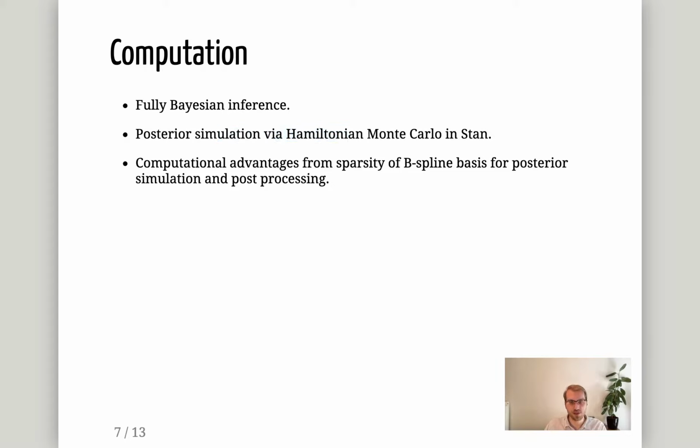And the general advantage of this approach is that we have the sparsity of B-spline bases, so that all involved computations involve algorithms for sparse matrix multiplication, and this gives us advantages during the estimation stage and during the post-processing stage.